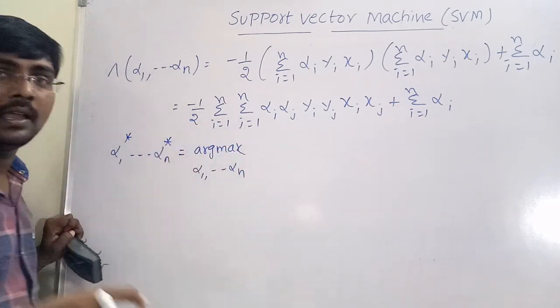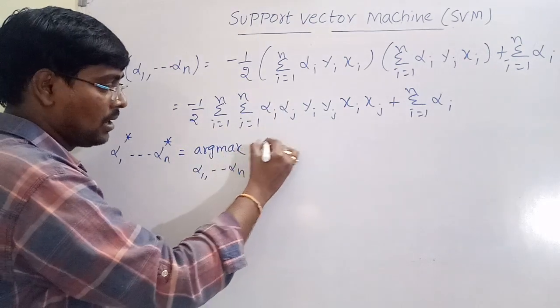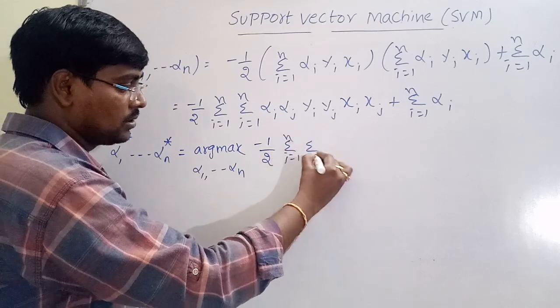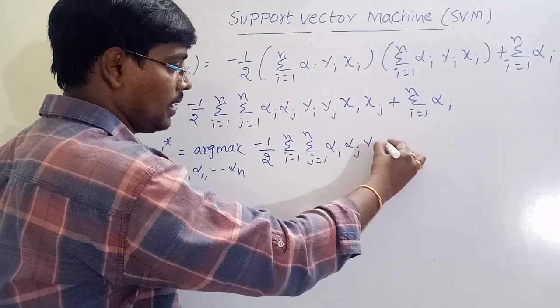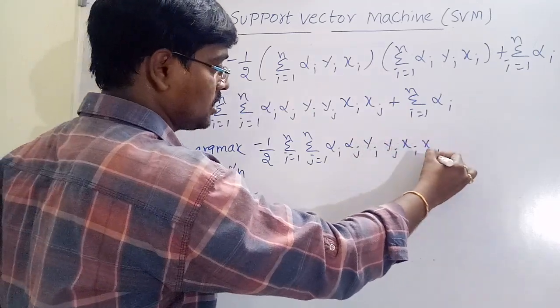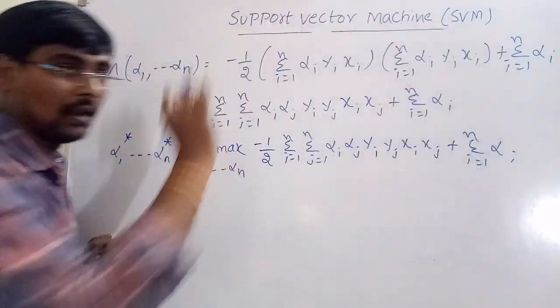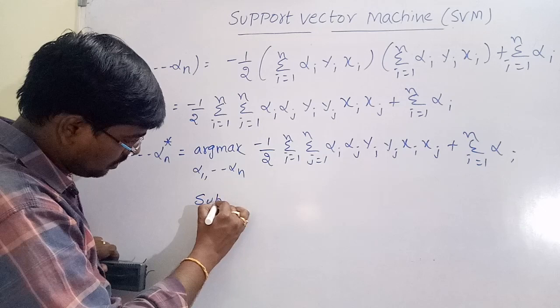For that I am taking arg max of minus 1 by 2 sigma i, sigma j alpha i alpha j yi yj xi xj, plus sigma i alpha i.